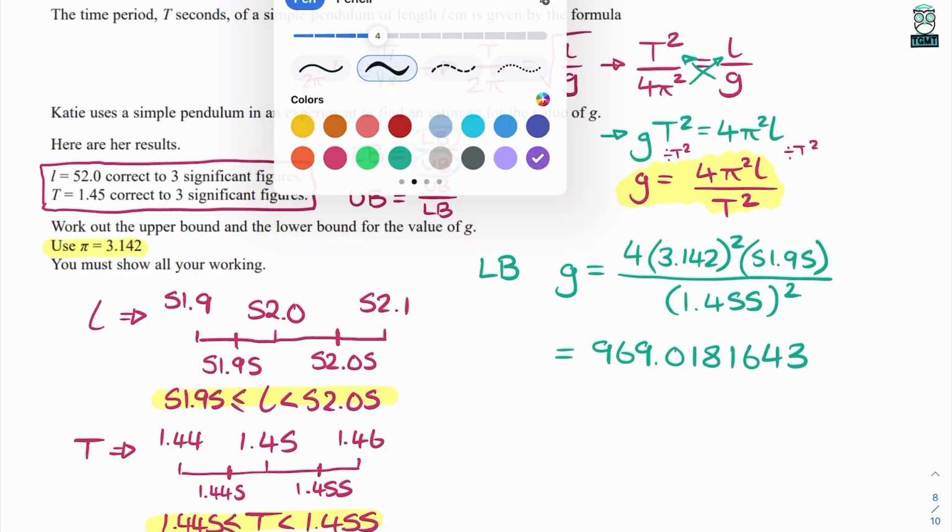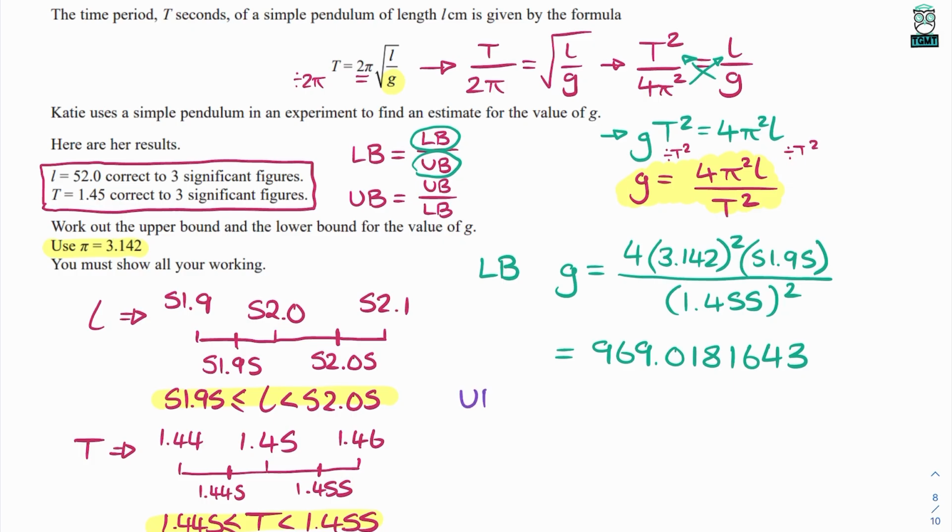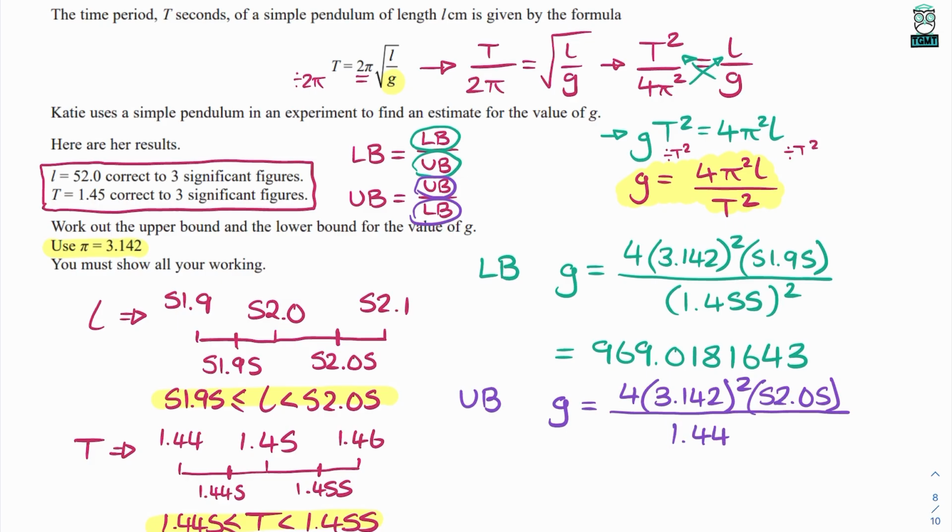Moving on to our upper bound, we're going to do the same thing but just plugging in the correct numbers. So for the upper bound for G, that's going to equal 4 lots of 3.142 in brackets squared, multiplied by, this time we want the upper bound on the top, so the upper bound of L, and that's going to be 52.05 on the top, and we want the lowest number on the bottom, again the lower bound there, and that's the lower bound of T, so 1.445, and that is squared again.